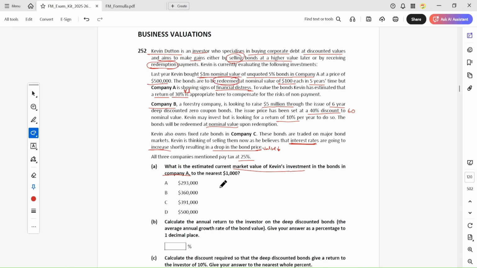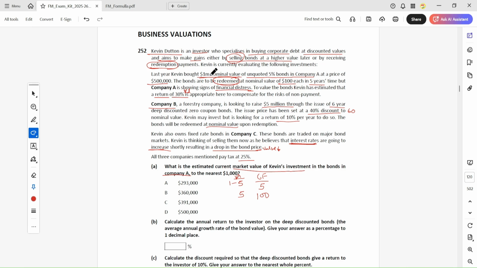From years 1 to 5 they will get a yearly cash flow of 5, and at the fifth year it will be redeemed at the nominal value of 100.